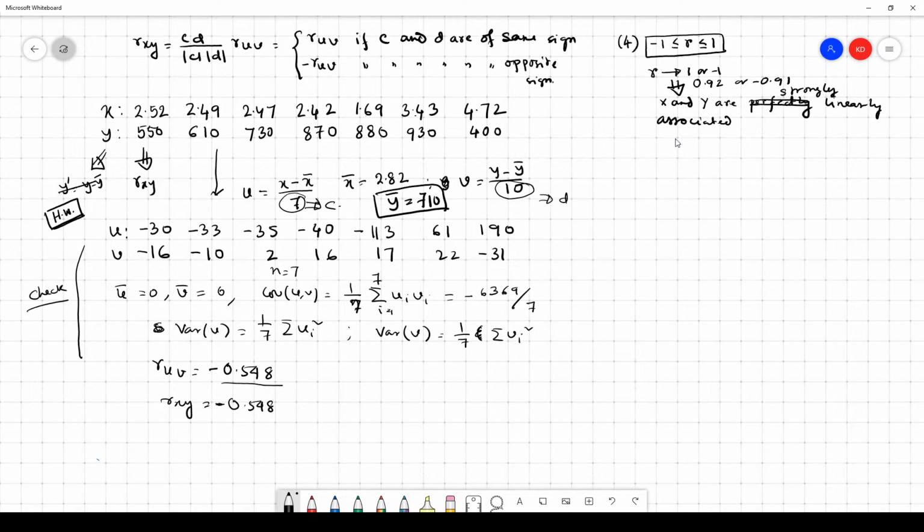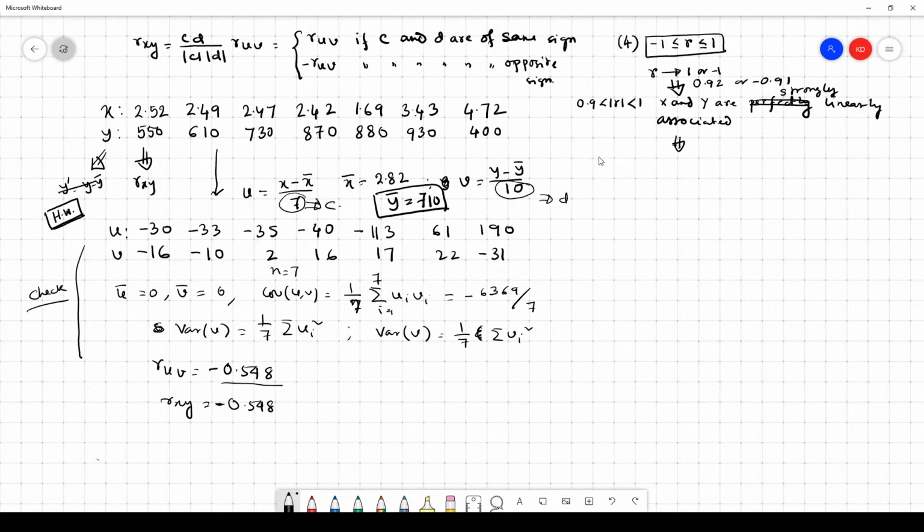Actually, I give you the range. If mod R lies between 0.92 and 1, then X and Y are strongly linearly associated.